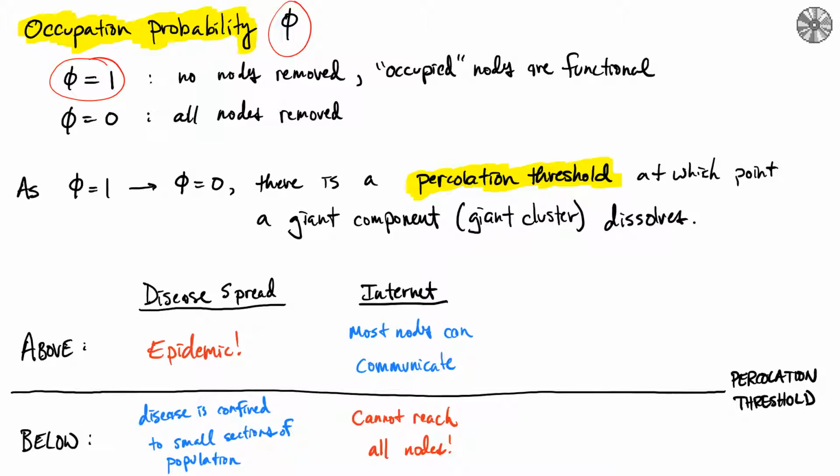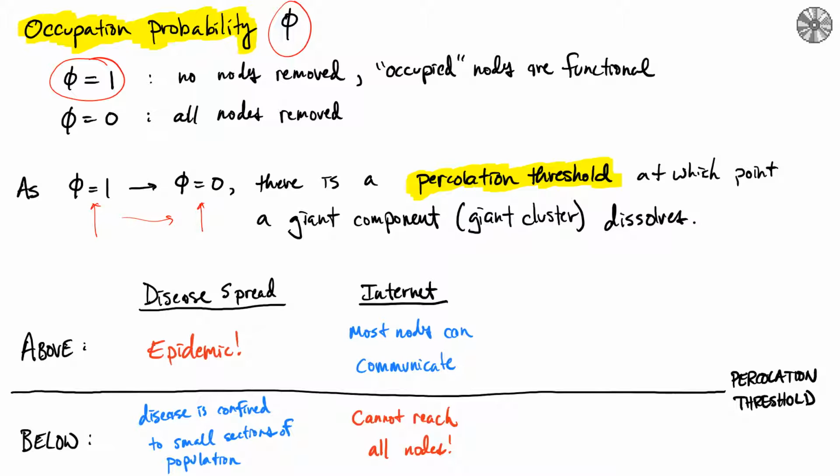When this probability is reduced down to 0, that means this random process has now affected everything, either all the nodes or all the edges. And so the interesting part is not necessarily at these two extremes, but somewhere in between.